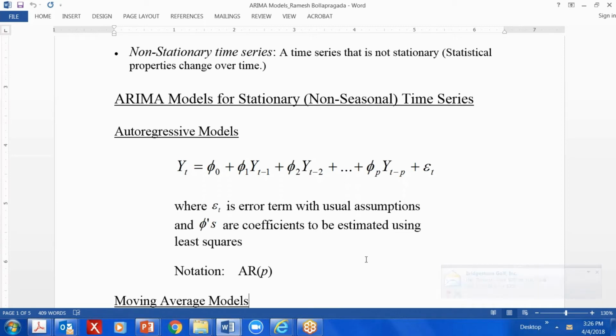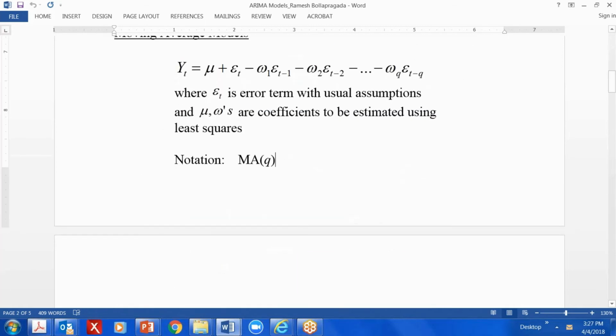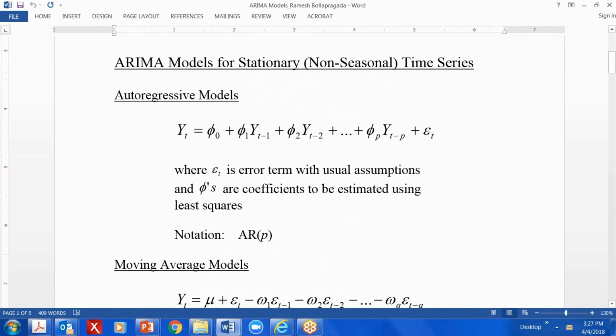So in a way, an AR model is nothing but a regression on the lags of the data from different time periods, where the independent variables are the values of Y lagged by different time periods. To generalize, the standard notation is AR(p).